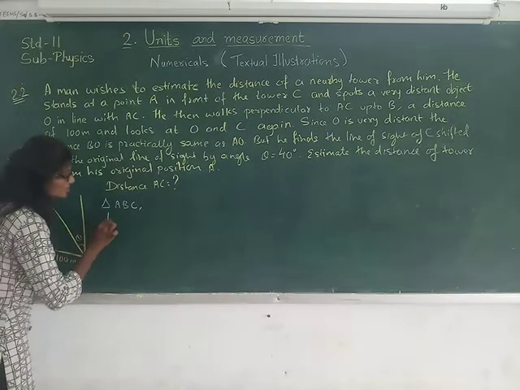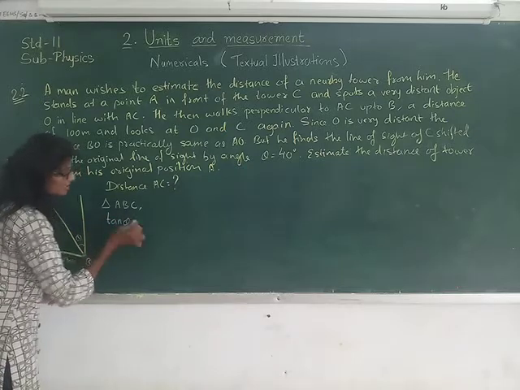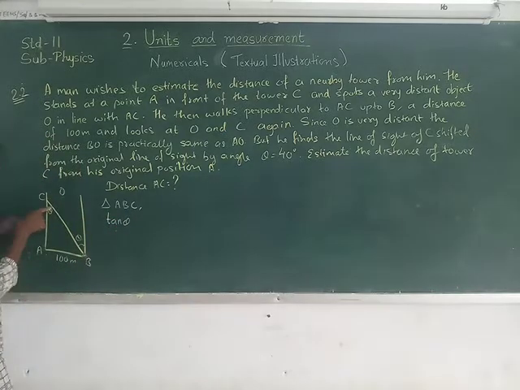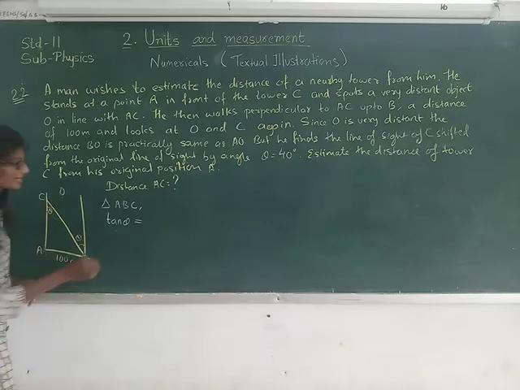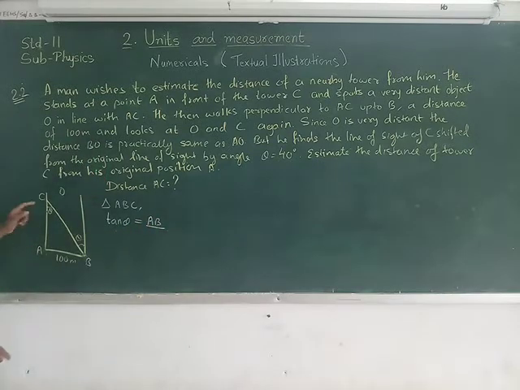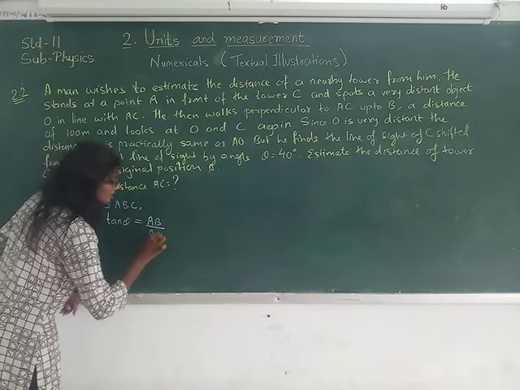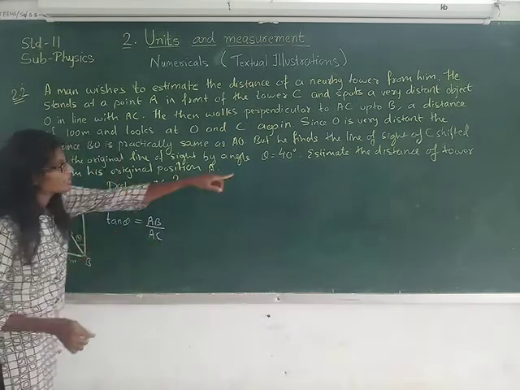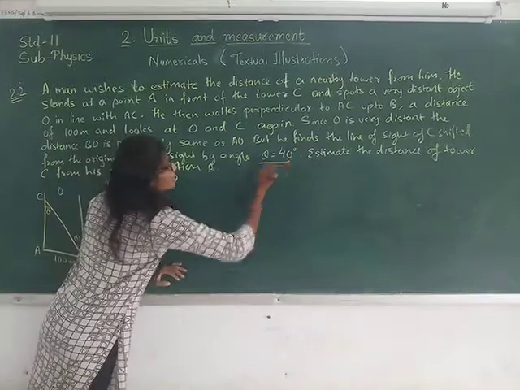So we can use the tangent, that is tan theta for this angle equals to opposite upon adjacent. Opposite, that is AB, upon adjacent, that is AC, right? Theta we already know, that is given as 40 degree.